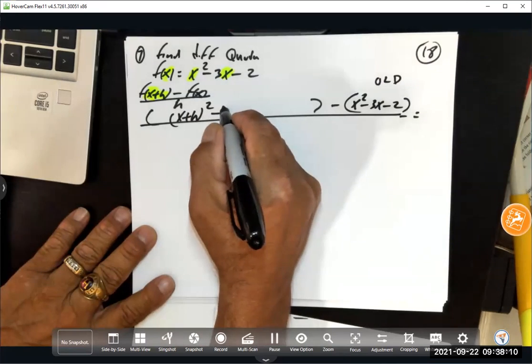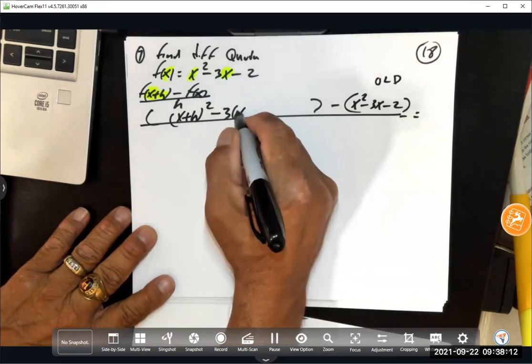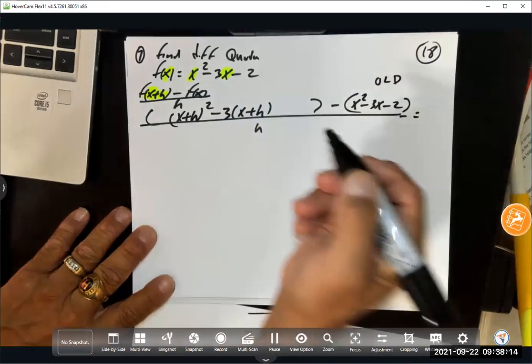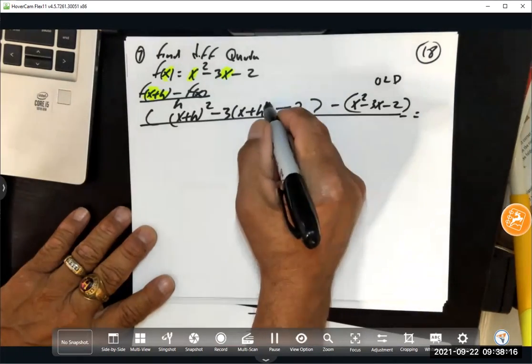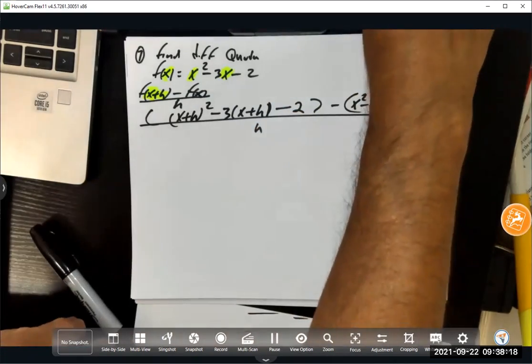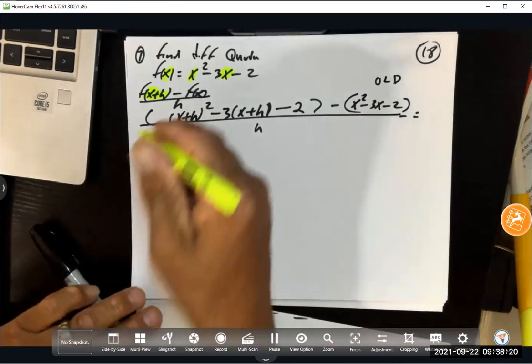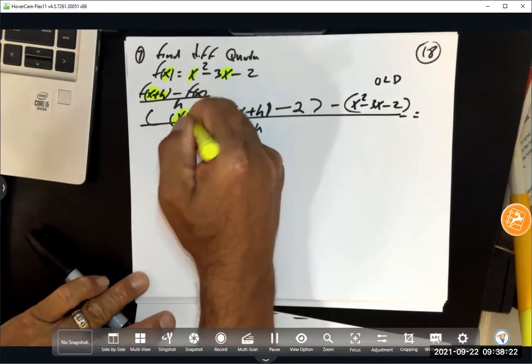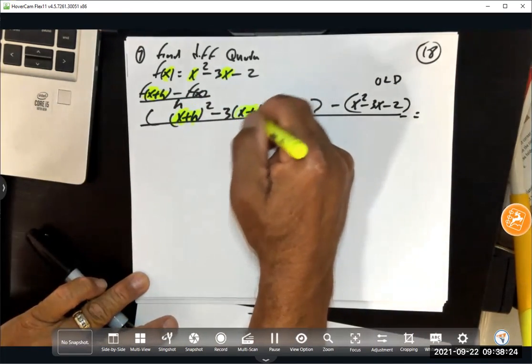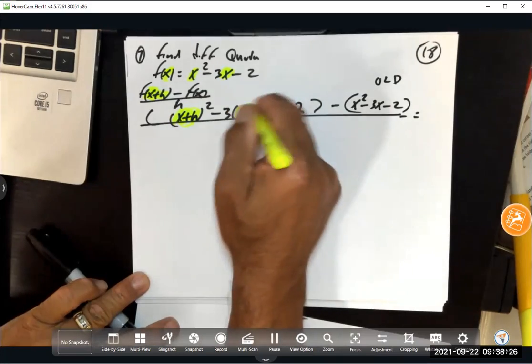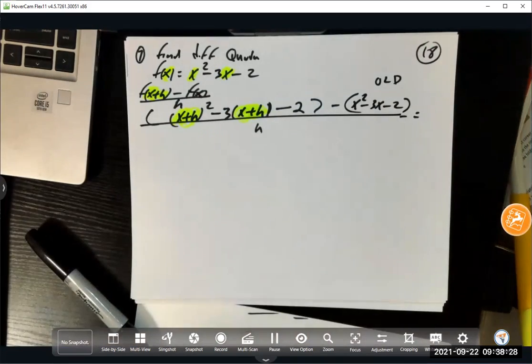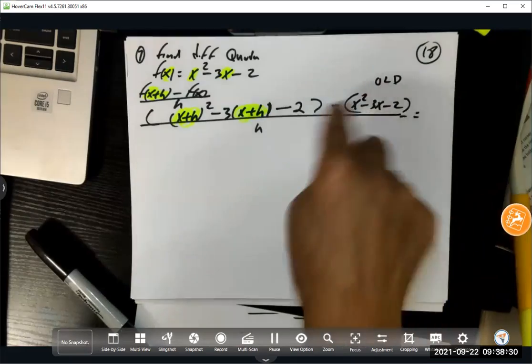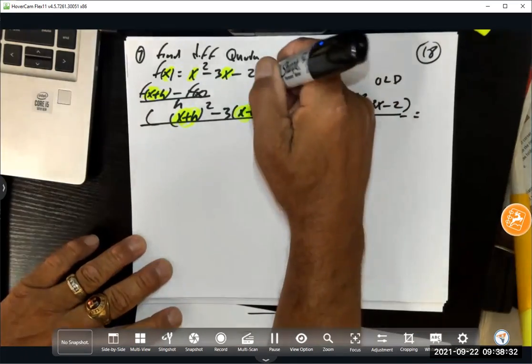And instead of minus 3x, it's going to be minus 3 times x plus h. And the minus 2 is still going to be minus 2. Wherever there's an x, you're replacing it with all this brand new stuff. Does that make sense? Yes. So now I have the old and the new right here.